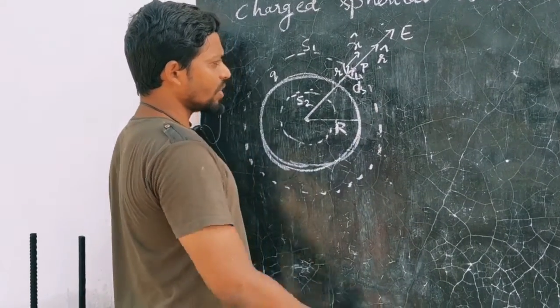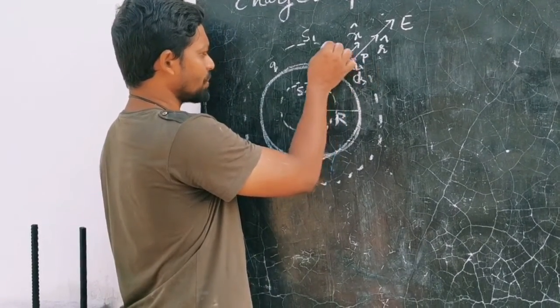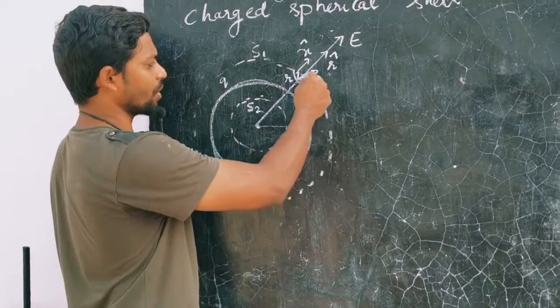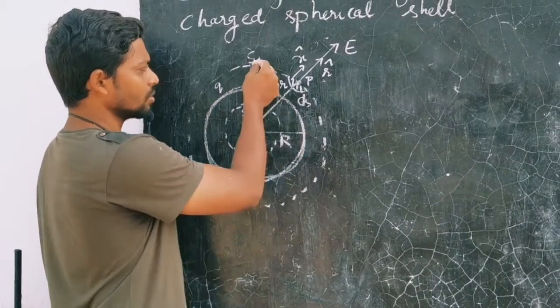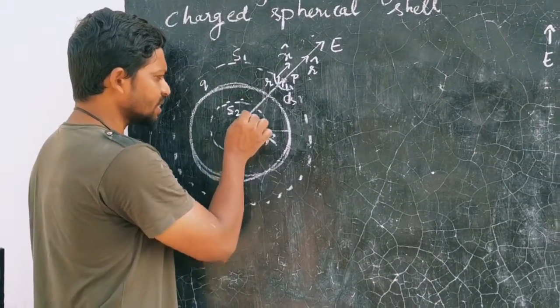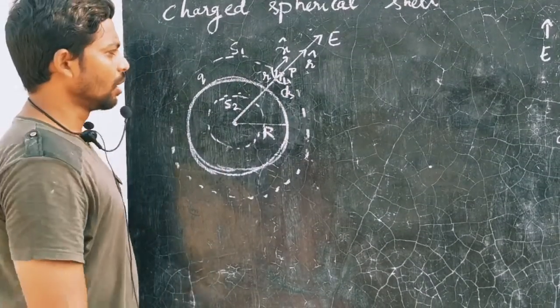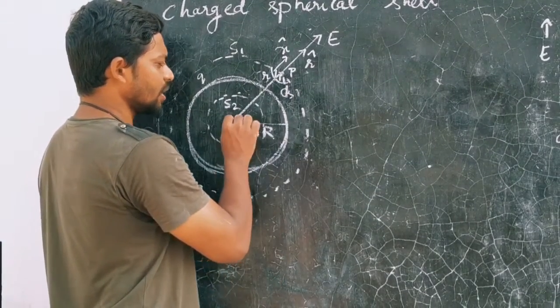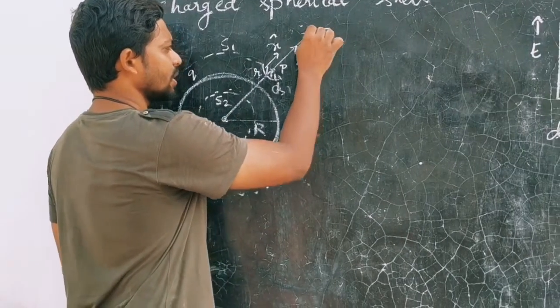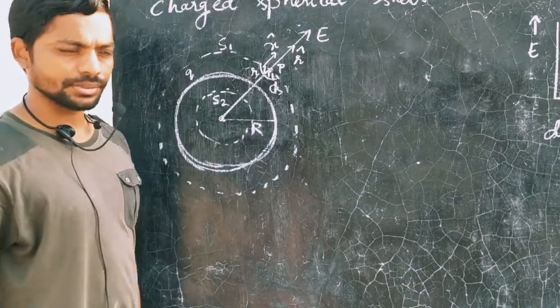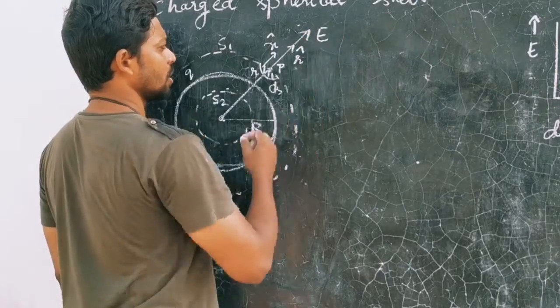So we consider a spherical Gaussian surface S1, whose radius is small r.